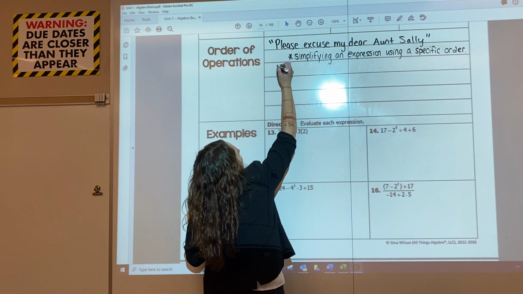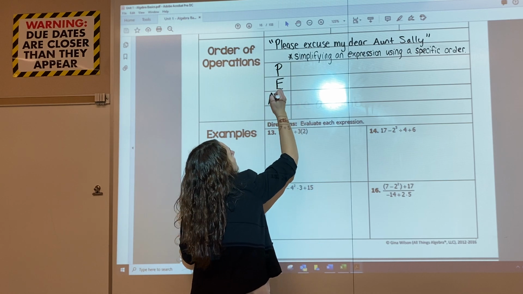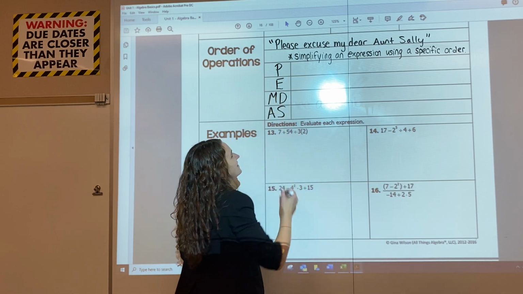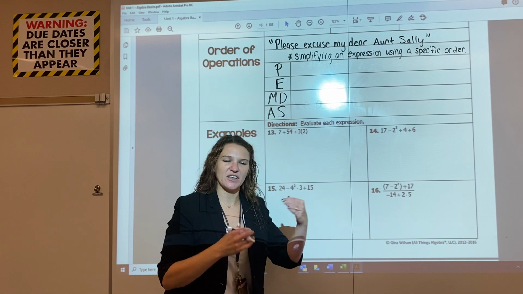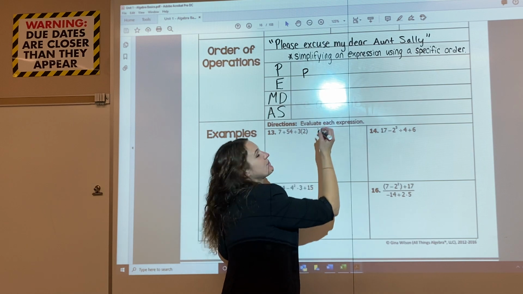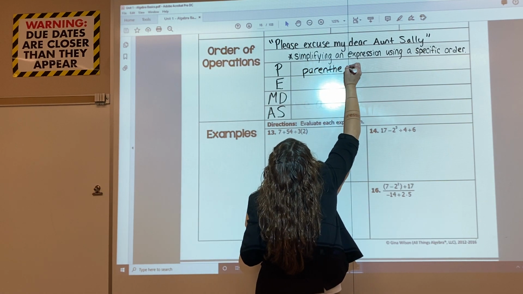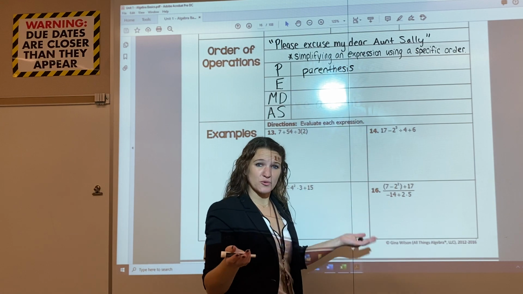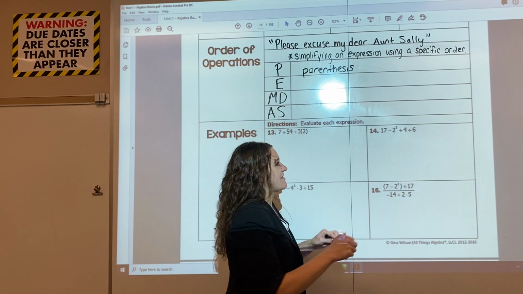I'm gonna write that in right here. Please excuse my dear Aunt Sally. And I'm sure that most of us remember what each letter represents. Parentheses are the P. Parentheses are also grouping symbols, so brackets, absolute value bars, radicals, anything like that.